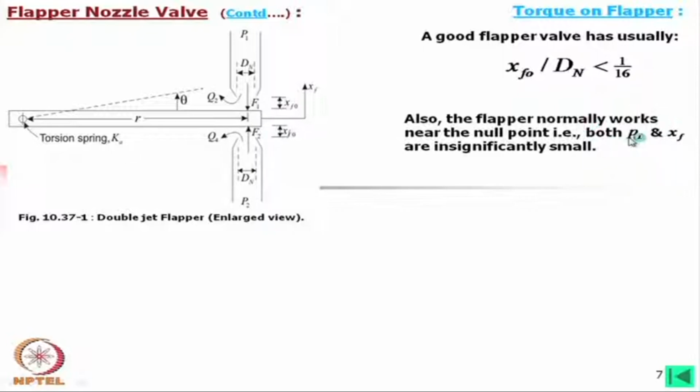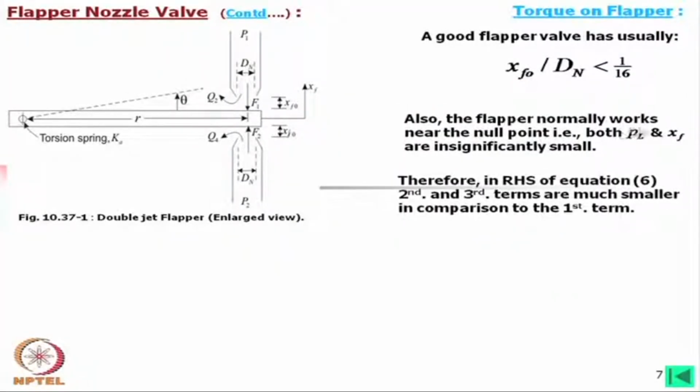In that case, load pressure is small, as well as this motion is also very small, because this is basically the high pressure process, the main valve. In that case, what we have found, this valve opening is very small, this motion of the valve is very small, but that will generate a very large flow due to the pressure difference.